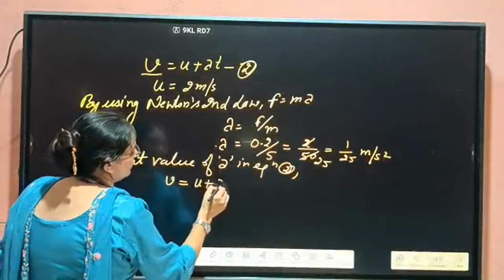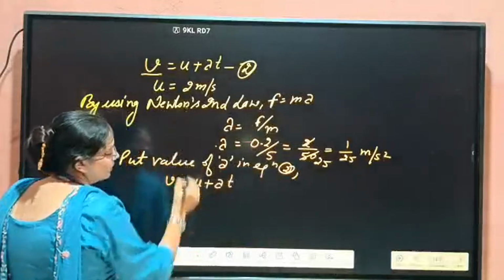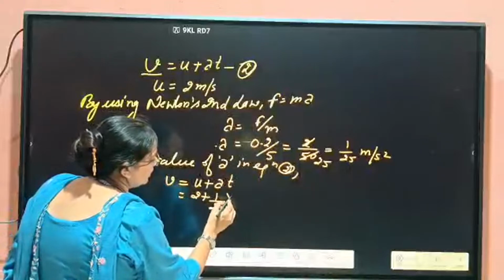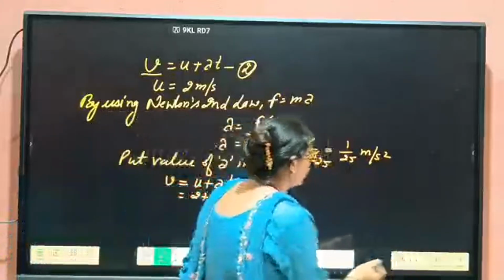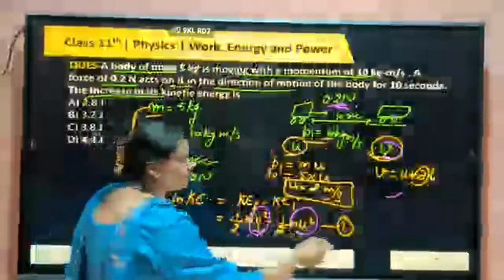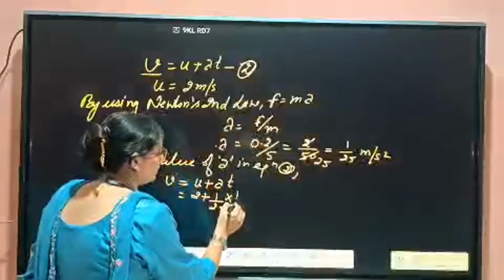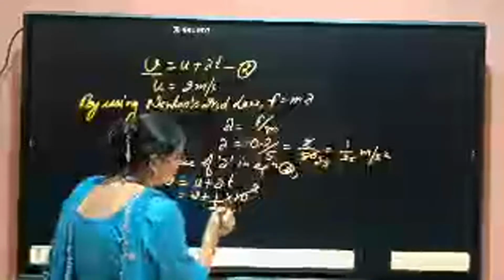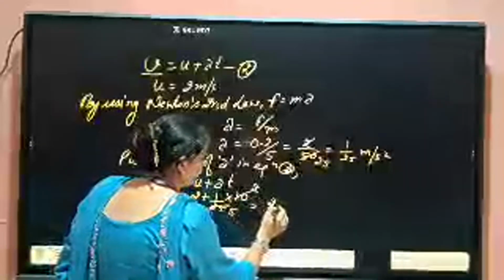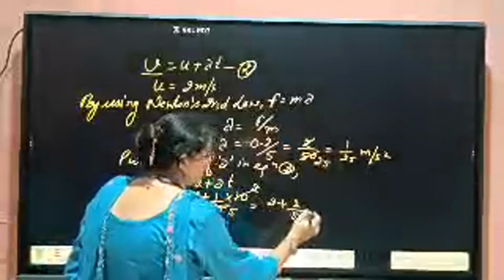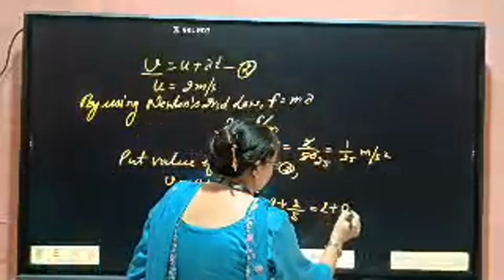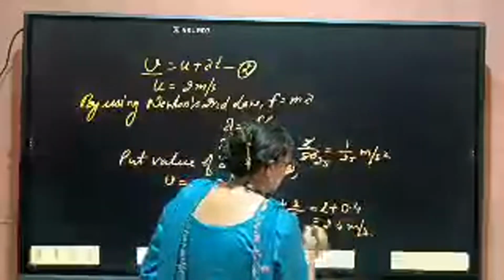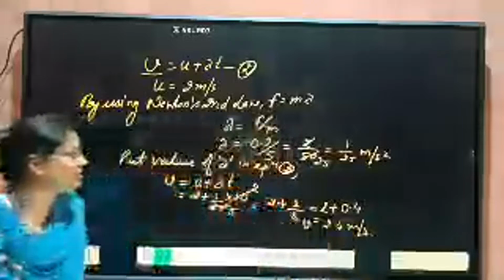Your u is 2 meter per second, a comes out as 1 by 25, into time. What time was given? It is 10 seconds. So here we can write 10. After this one, here we will cancel this one 5, then it will be 2 plus 2 by 5, then it will be 2 plus 0.4, then it will be 2.4 meter per second. This one comes out as our final velocity.